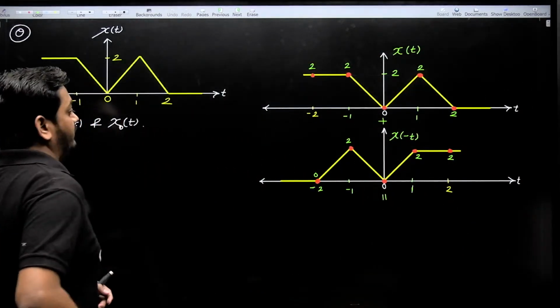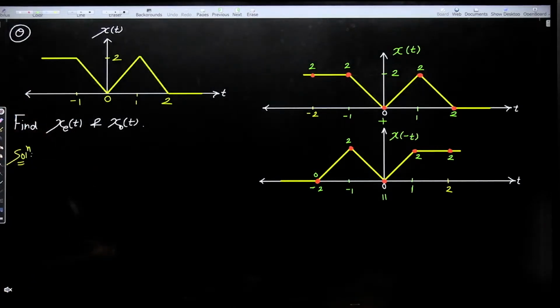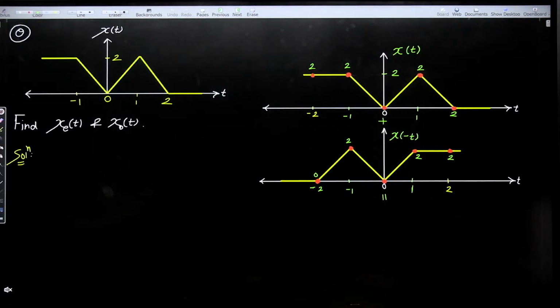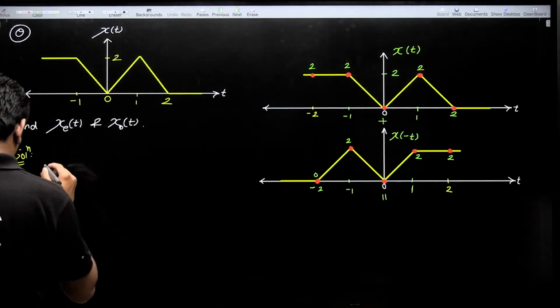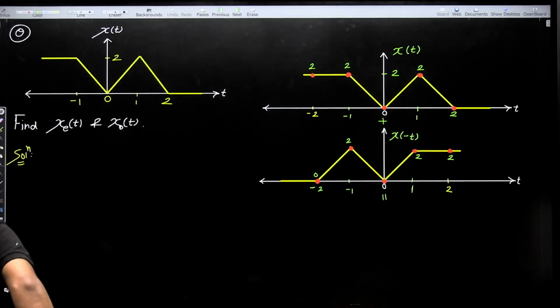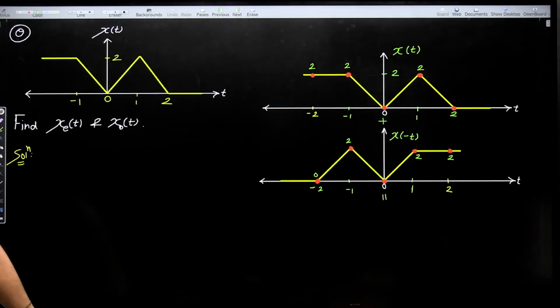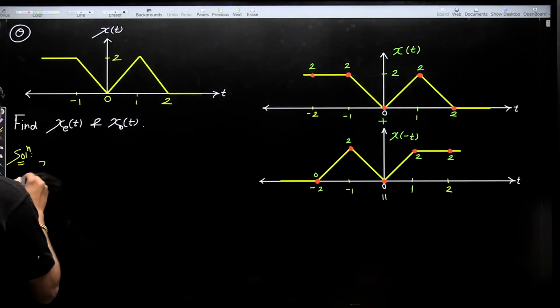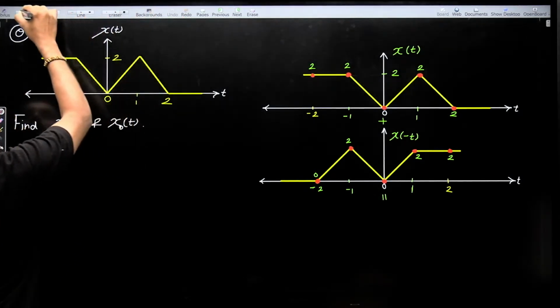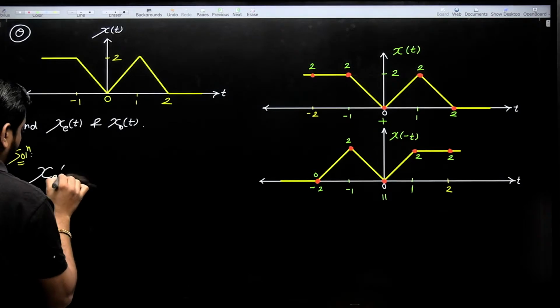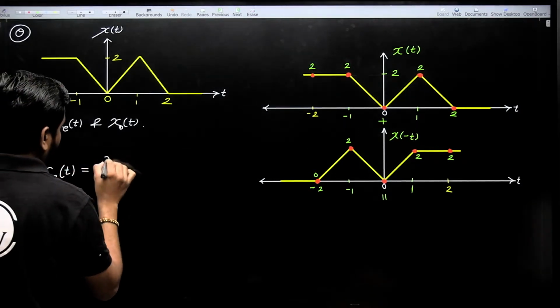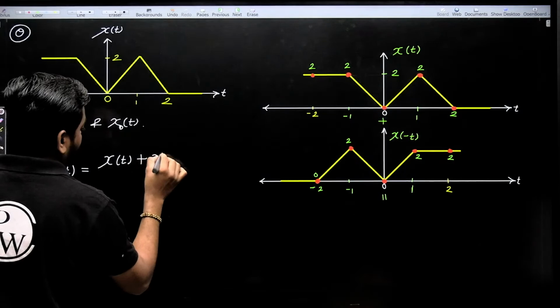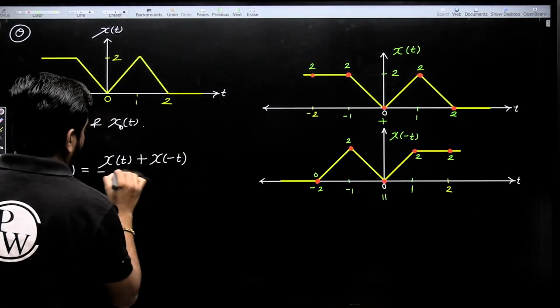Okay, so first, how to find its even part. The even part is given by x of t plus x of minus t divided by 2.